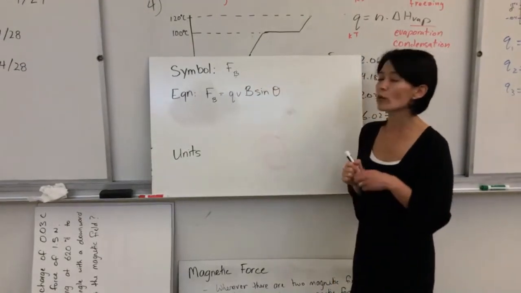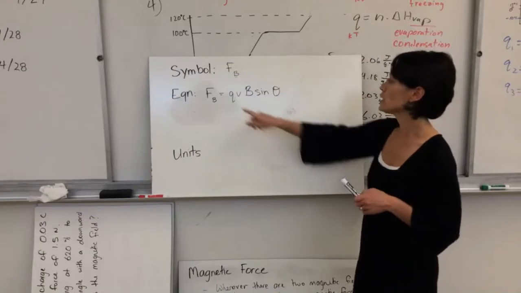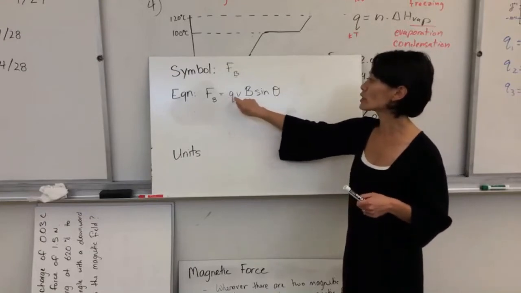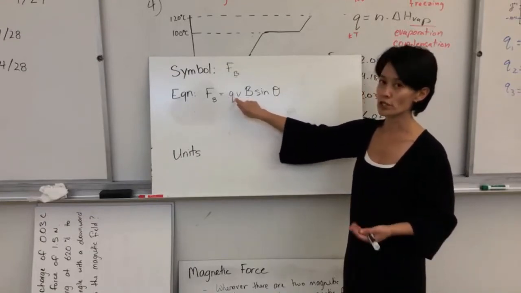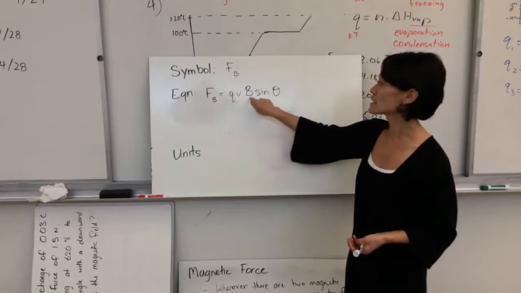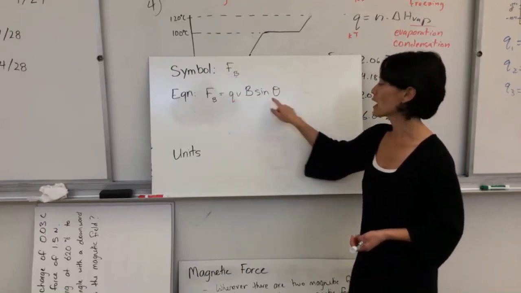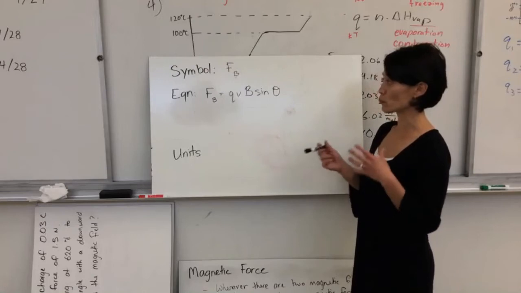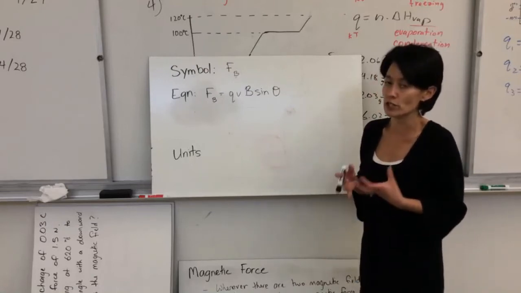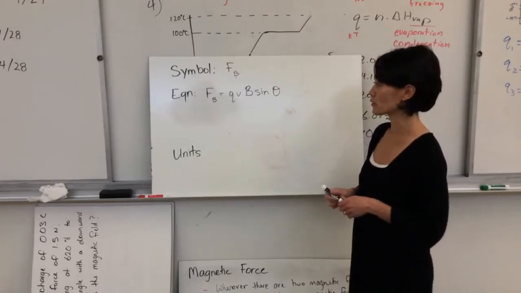And here is where we have our two magnetic fields interacting. QV, a moving charge, causes a magnetic field, and then B is a secondary magnetic field, and theta is the angle between them. If you have those two magnetic fields in a certain region, we'll see a magnetic force occur.